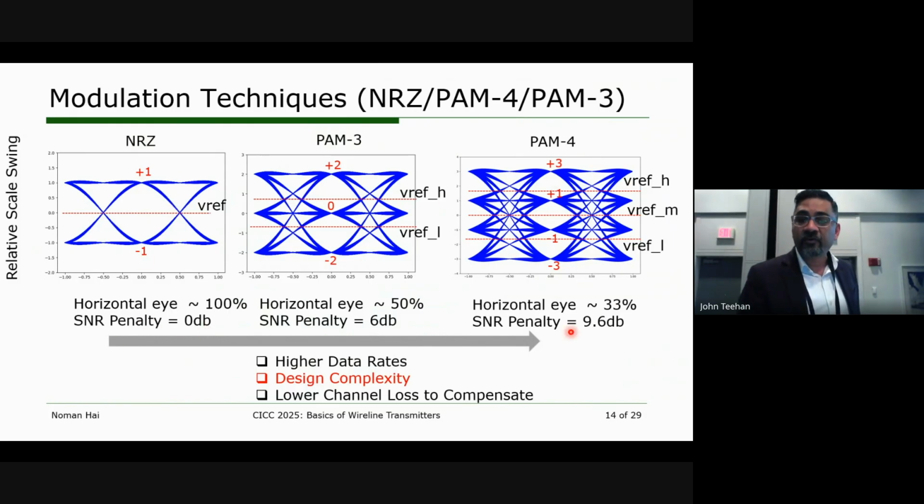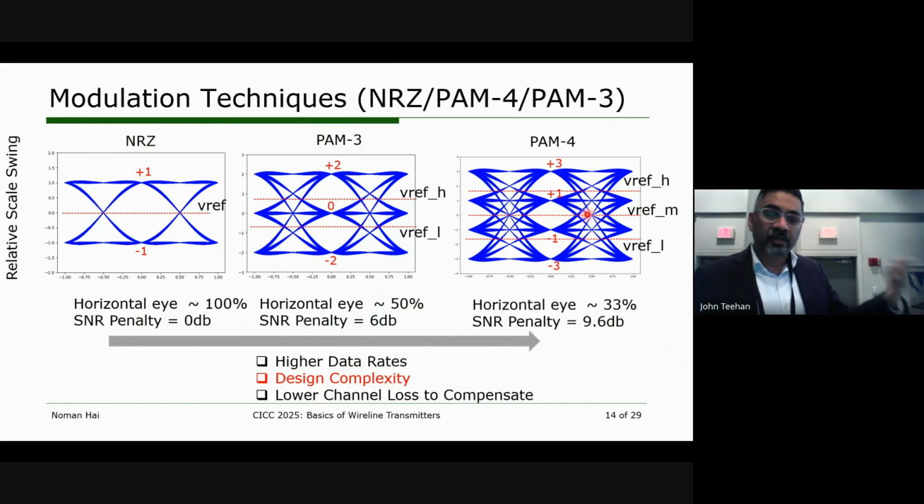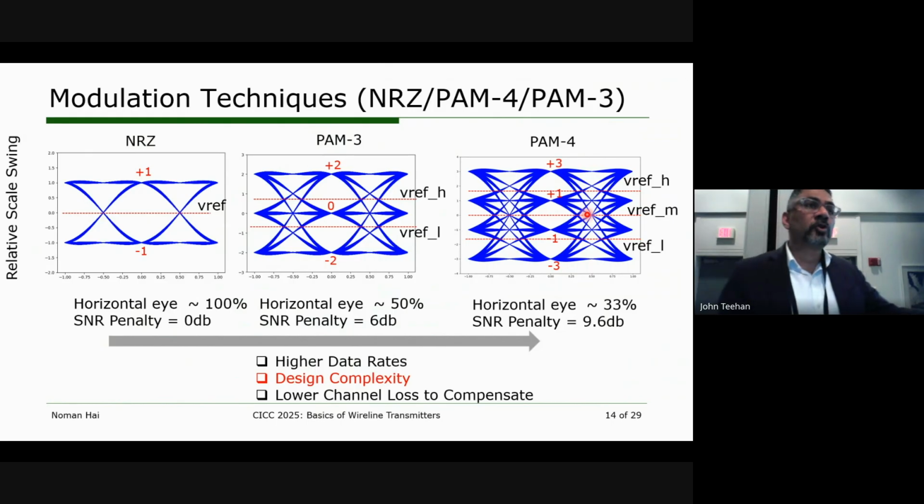Now for PAM4 it's about 10 dB because the eye width is small, the eye height is small. So the design complexity increases, but we learn to deal with that in the receiver. So PAM4 is becoming much more of a standard in optical and in electrical as well. And we are also talking about PAM6, PAM8 going forward too.